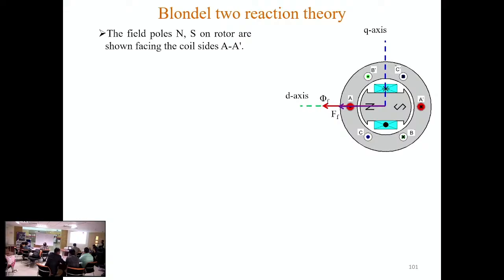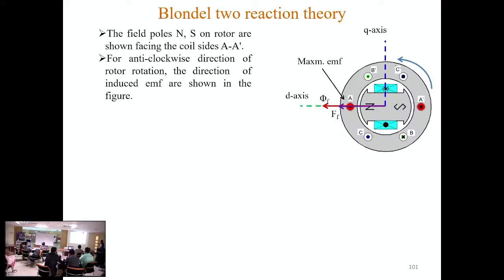Again we will consider a similar situation to the cylindrical rotor machine. At this instant of time, this north pole is giving maximum flux to conductor side A, and conductor side A dash is facing maximum flux produced by the south pole. So these two conductors will have their maximum induced EMF at this instant. That is the maximum EMF situation.